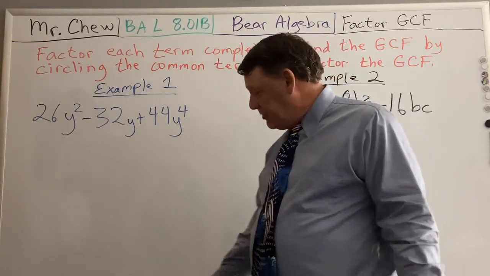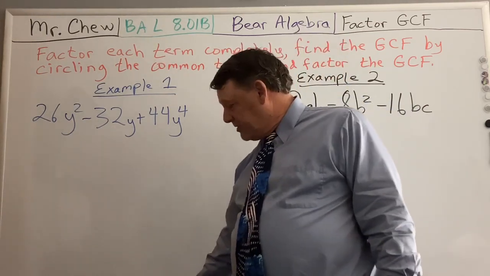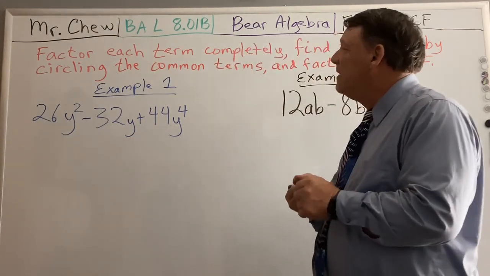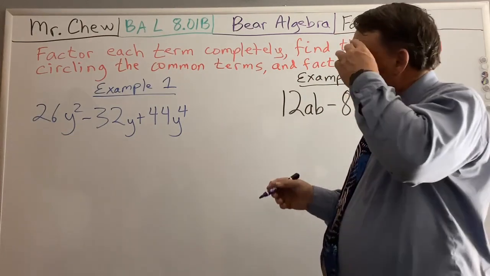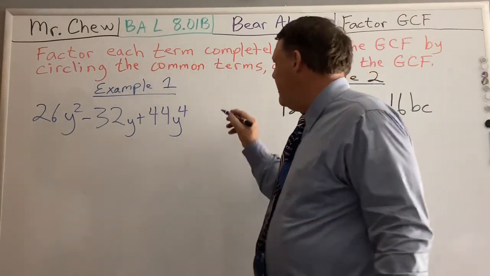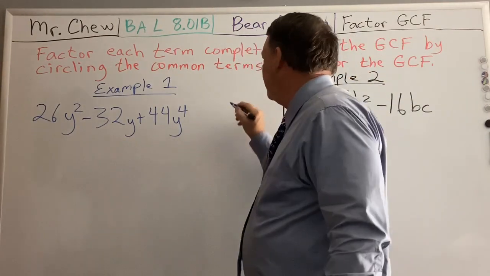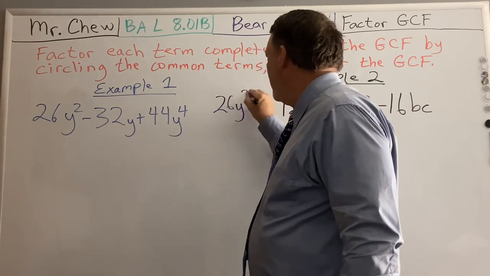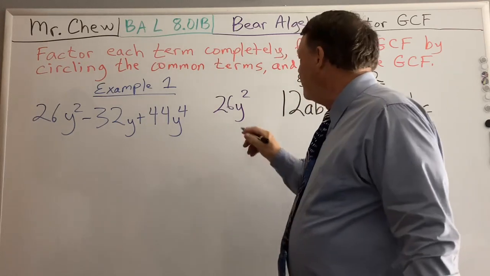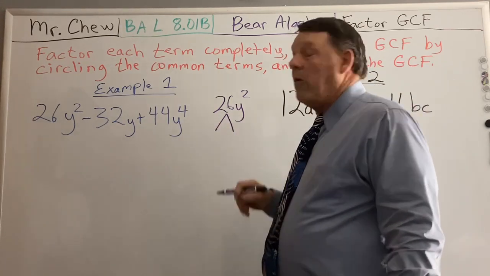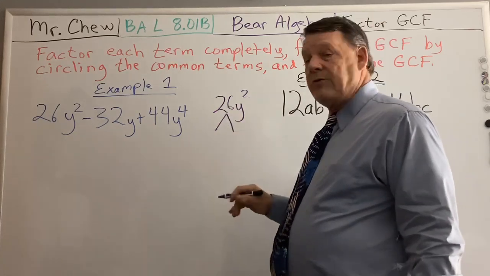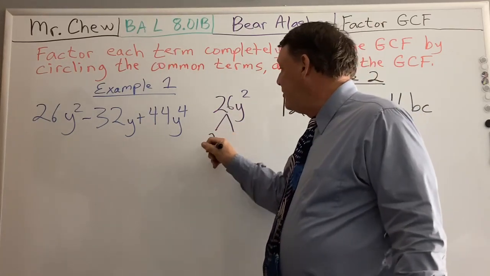Well, the way that I taught this when I was teaching pre-algebra in the middle school, I taught people to use a factor tree. So let's do our first term. The first term is 26y squared. A factor tree would say, what is the lowest prime I can factor out of 26? Well, that's 2.